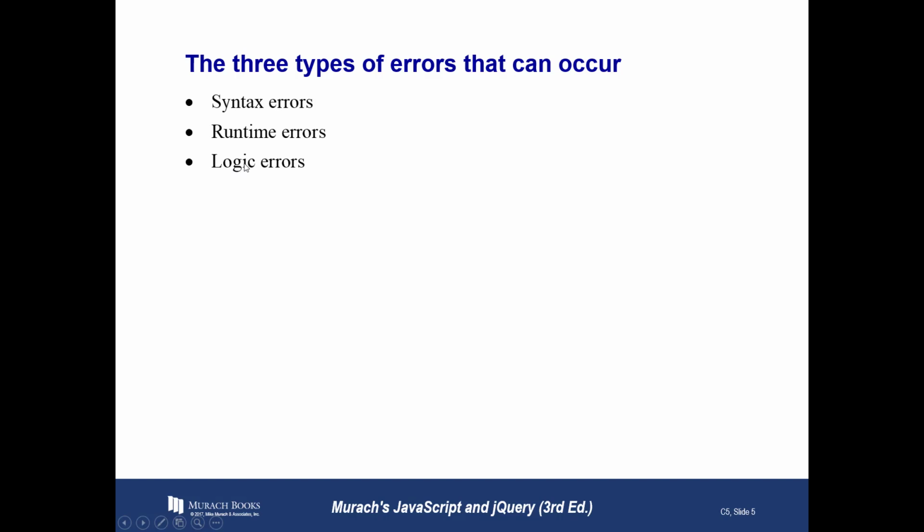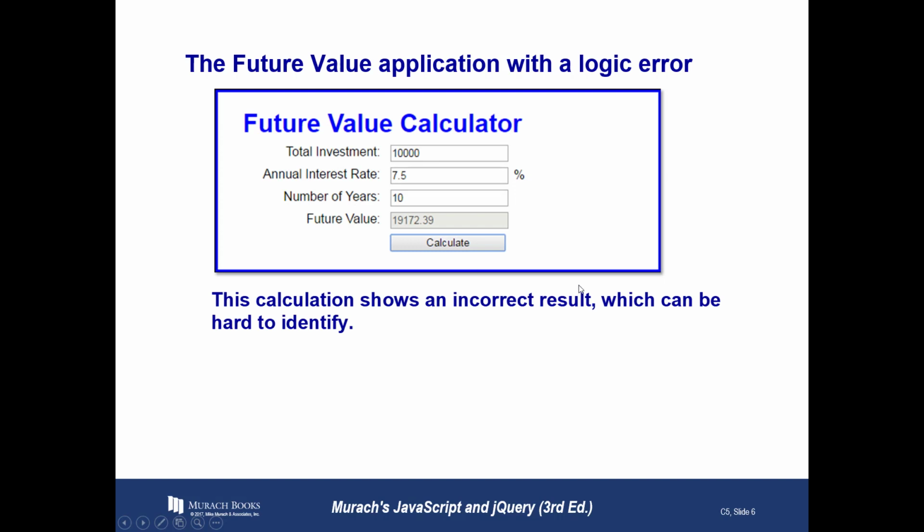An example of a logic error is adding 2 values together when you mean to do a subtract. All right. So here's the future value with a logic error. Okay, so if I'm saving $10,000 at 7.5% for 10 years, I'm almost doubling what I have.